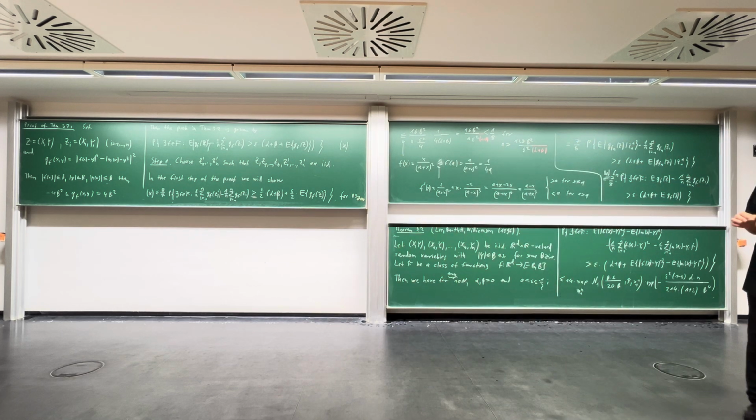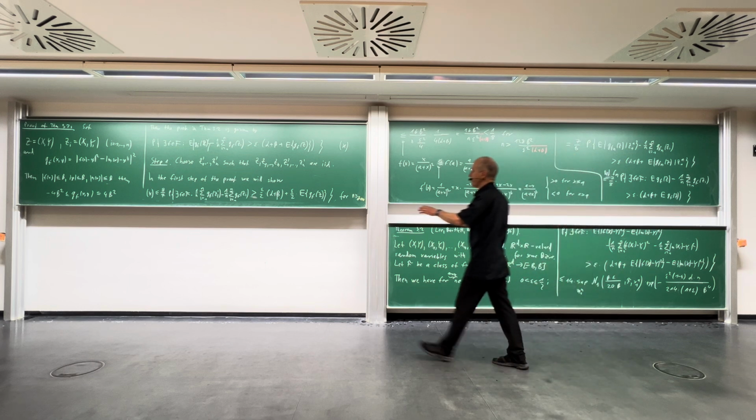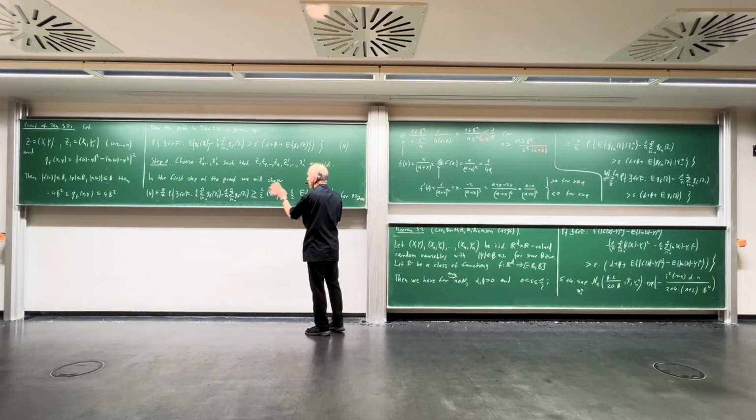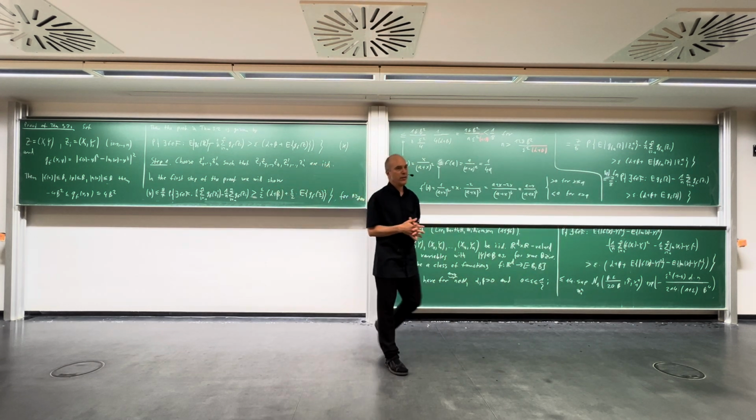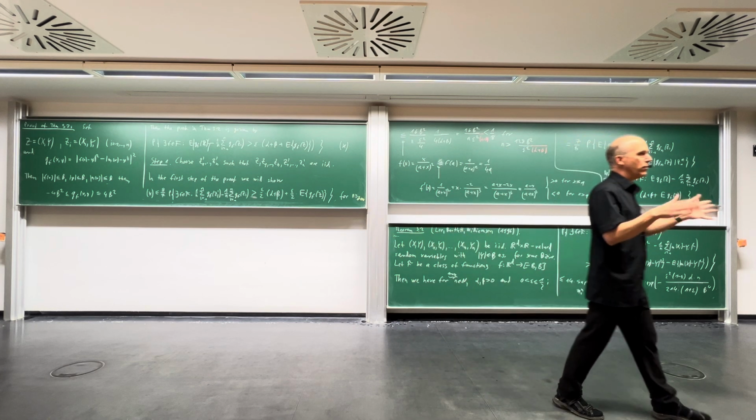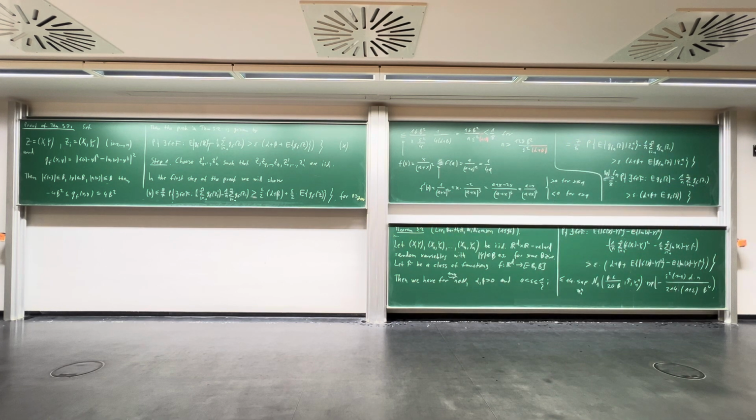The big advantage will be that I will have squares here, which will be just the variance of my random variables. So the variance will be on the right hand side, and therefore with Bernstein I will finally get, for the probability that the sample average minus the expectation is greater than epsilon, something like e to the power minus constant times n times epsilon, instead of n times epsilon squared.